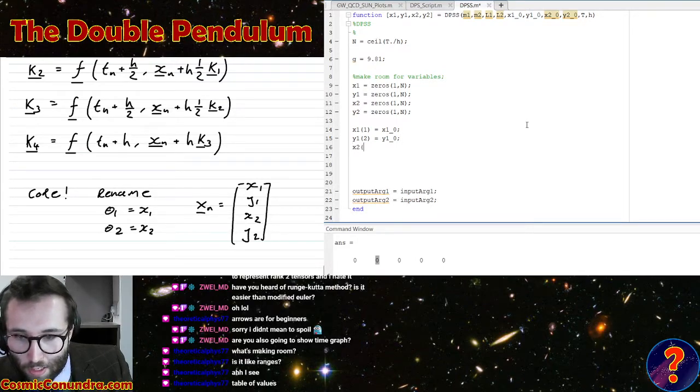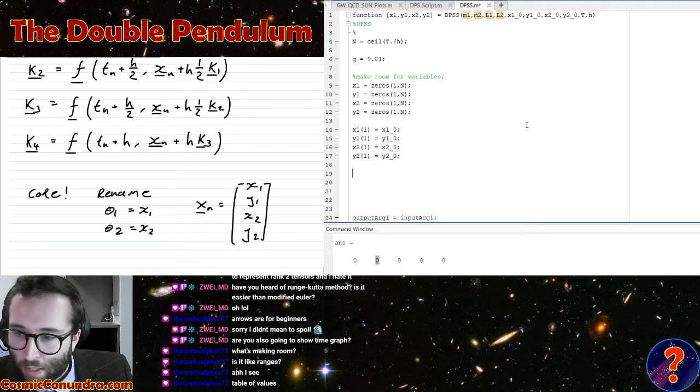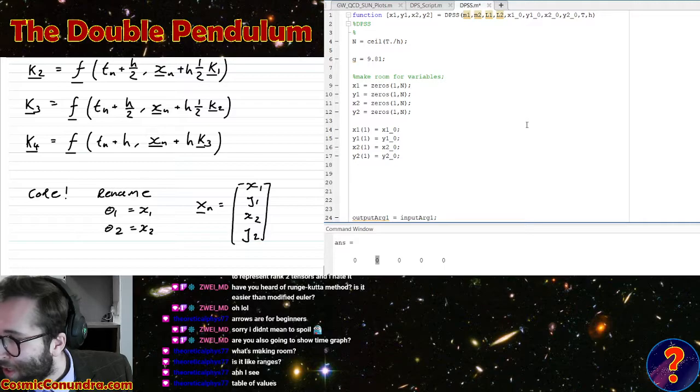The same for x2. Ooh, that should be a 1 up there. And x2 is x2 0, and y2, the first element of which is y2 0. Okay, so this is defining the first element in this matrix of points for x1, x2, etc., as being whatever I input the initial conditions to be.